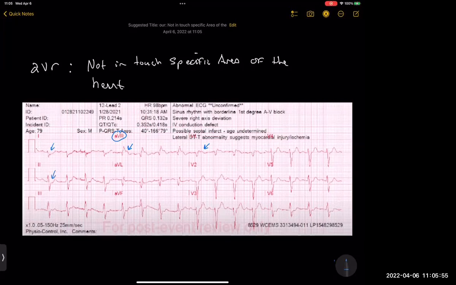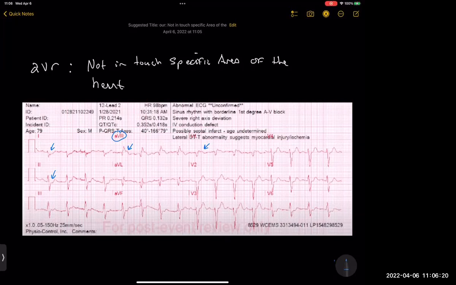So based on criteria that we've taught you, would you feel confident calling this a STEMI? No. And you're right. This doesn't really meet the major criteria that we've talked about.